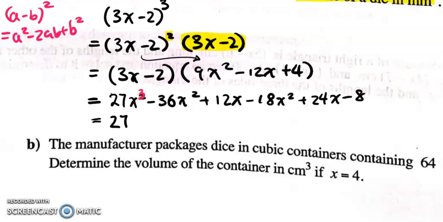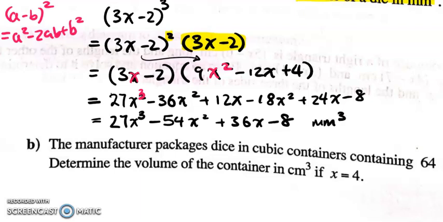This should be 27x cubed, since I am doing 3x times 9x squared. Okay, so when I collect the terms, it is 27x cubed minus 54x squared plus 36x minus 8. And the unit here is cubic millimeters.